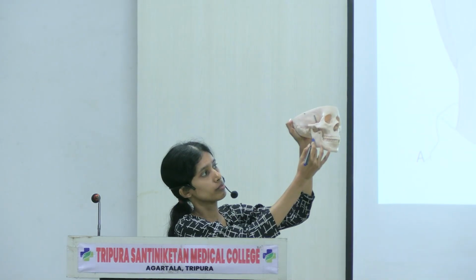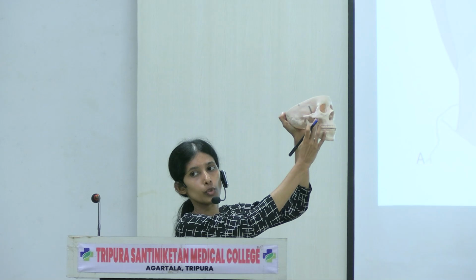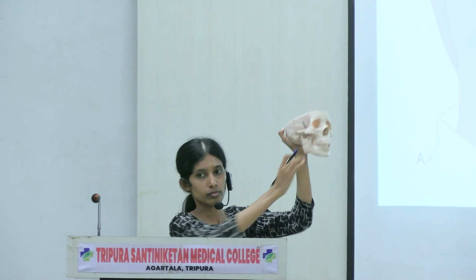Insertion of the masseter muscle: it is inserted mainly into the ramus of the mandible, into the middle part, mainly here, and also to your coronoid process. Okay. What about the nerve supply? It is supplied by the masseteric nerve. And what about the action?